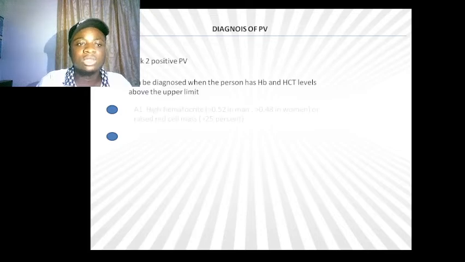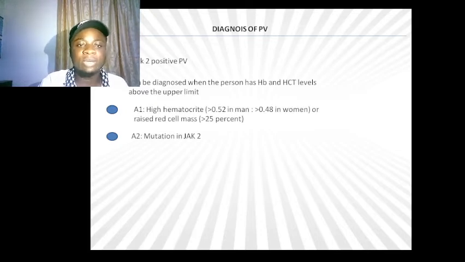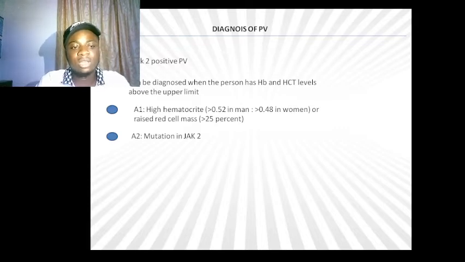Very, very important. So diagnosis. JAK2 positive can be diagnosed when the person has hemoglobin and hematocrit levels above the upper limit. I've explained the limits. So we have the A1, A2 classification.